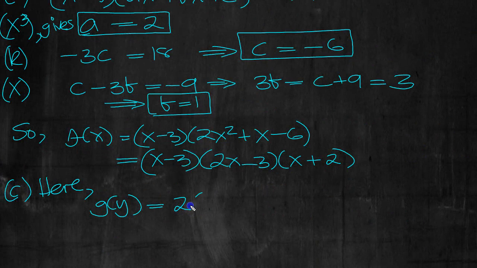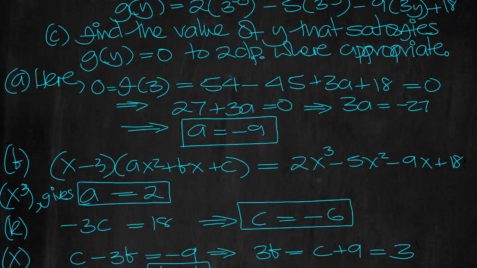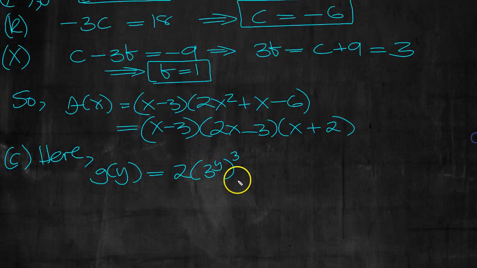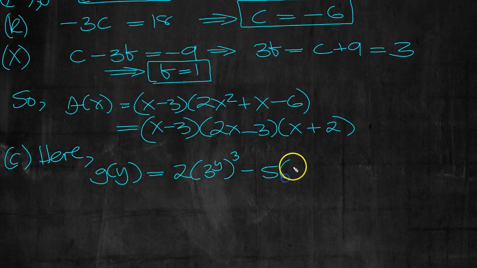So it's 2 times 3 to the y cubed. That's still power rule, so that's 3 to the 3y. Next term is minus 5 times 3 to the 2y, which we can write like that, power rule.